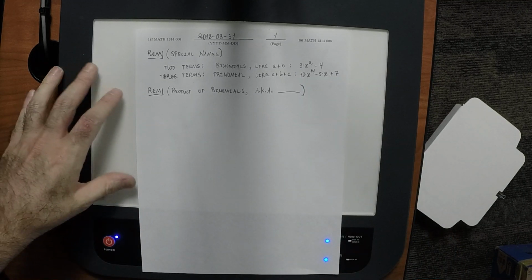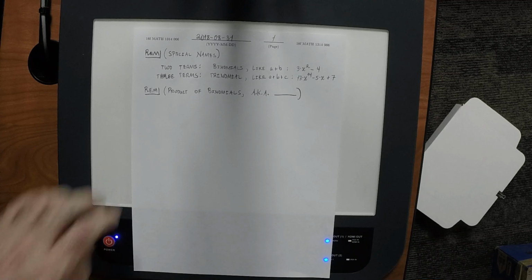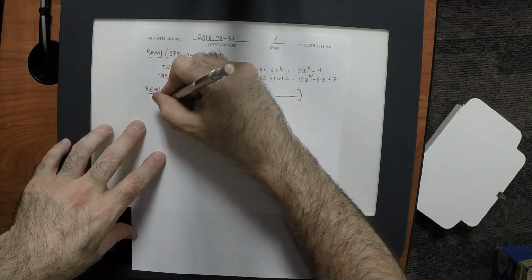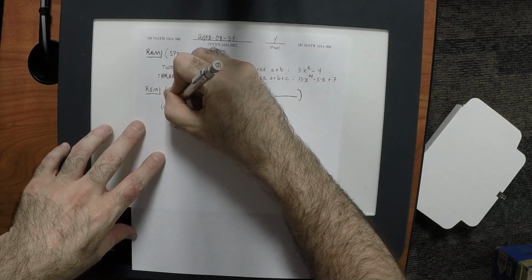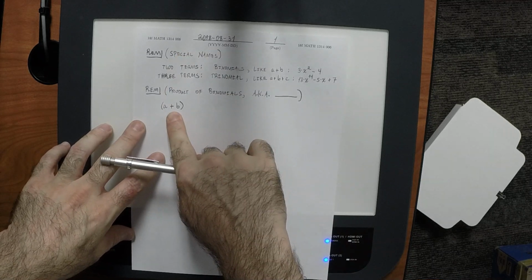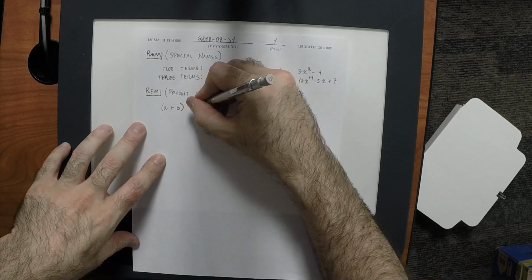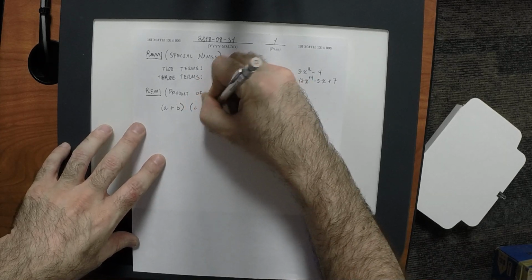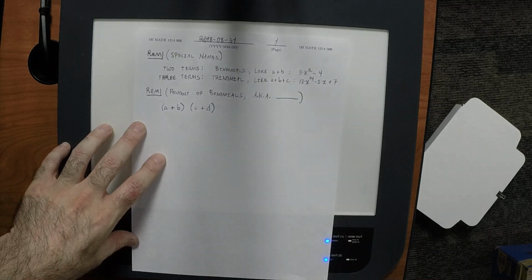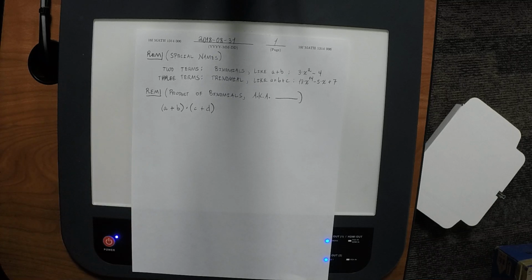If your experience so far is that a lot of this has been reviewed for you, you know what I'm about to do, but by a different name. So specifically, that's a binomial because it's of the form a plus b. And this one is a binomial because it's of the form c plus d. And what we're doing is we're computing the product. So the product of binomials.